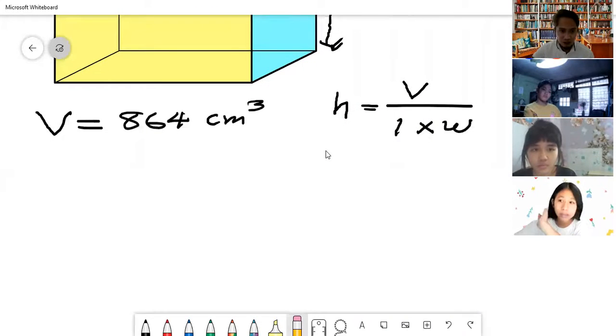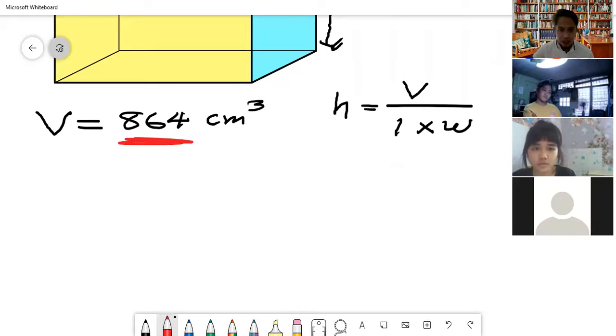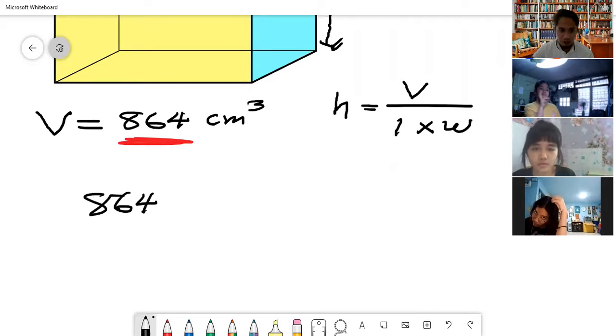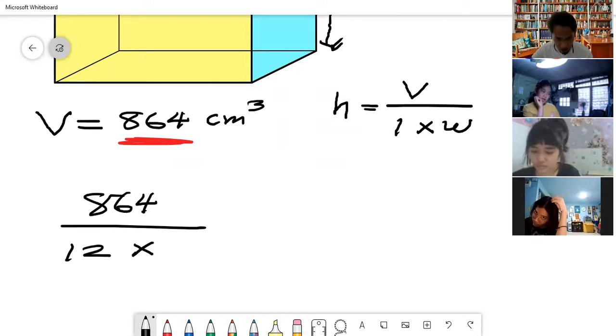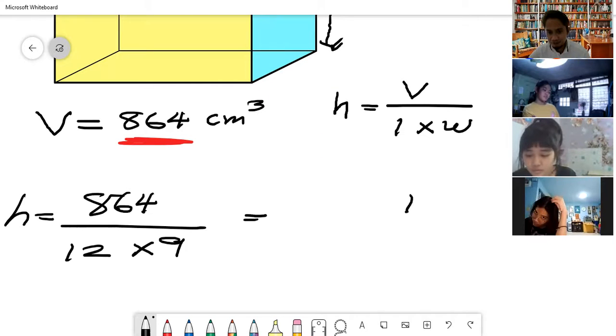Now, let's follow here. The volume here is 864 over, what is the length? 12. What is the width? 9. So height is equal to 864 over 12 times 9. 12 times 9 is 108.